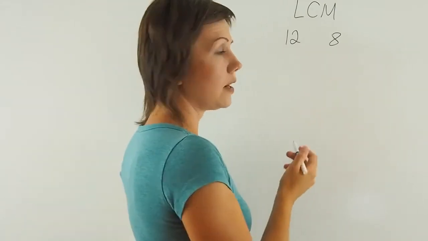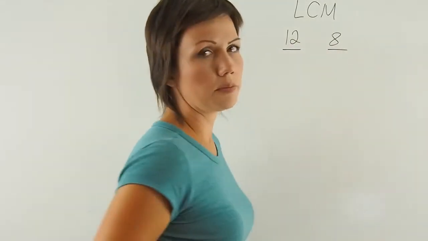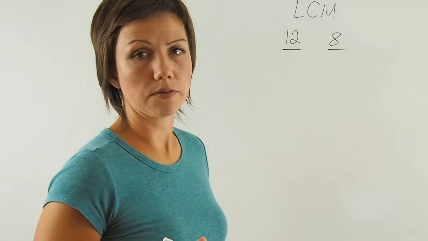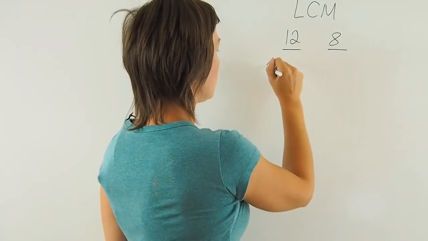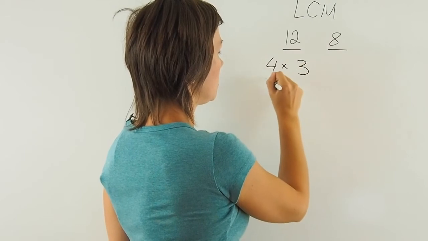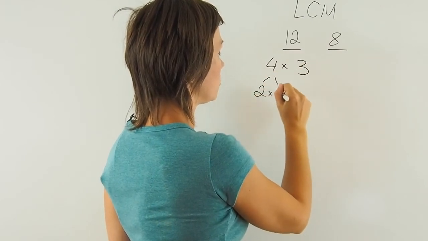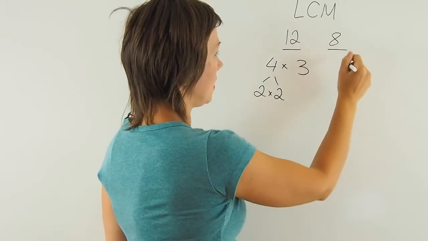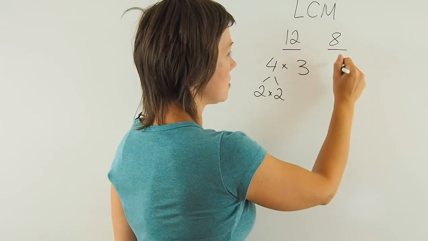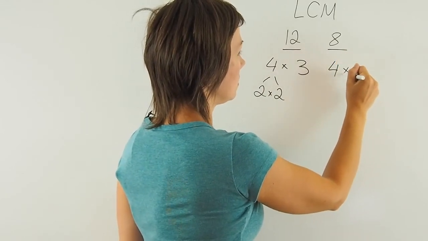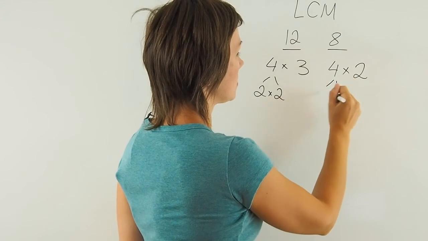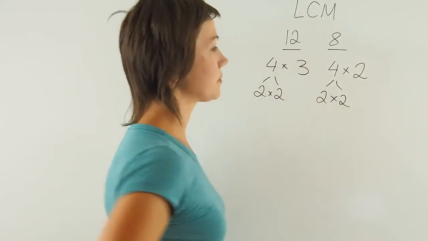So in order to find it, I'm going to list the prime factors of each one of these. 12 could be recorded as 4 times 3, and 4 could be broken down into 2 times 2. And 8 could be recorded as 4 times 2, and then this again is 2 times 2.